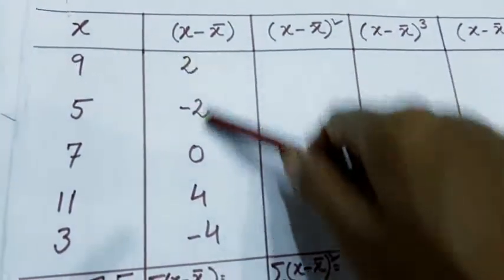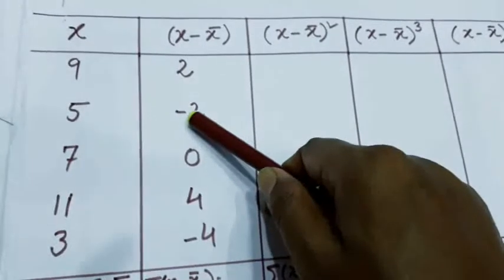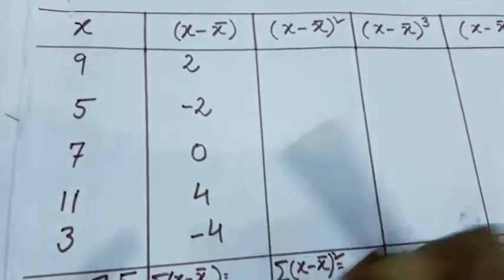If we add up all this, 2 plus minus 2 plus 2 minus 2, 0, it is 0.